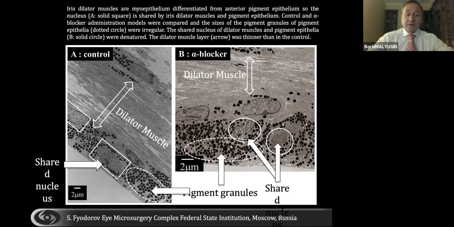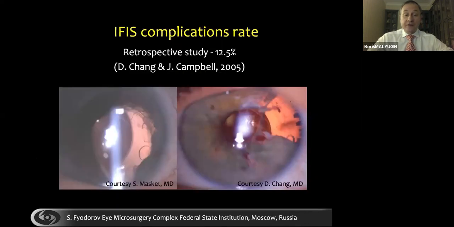And there are some other mechanisms involved, including the degradation of the nucleus that is shared between the dilator muscles and the pigment epithelium, which was shown in the experimental model. And the result of that is quite devastating.